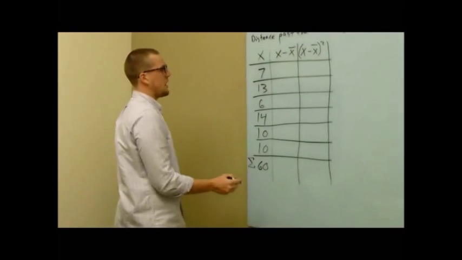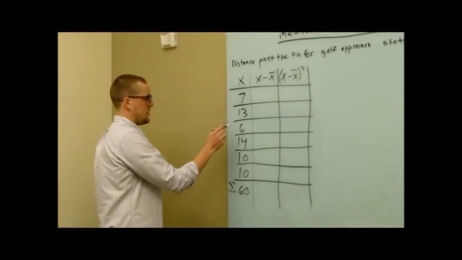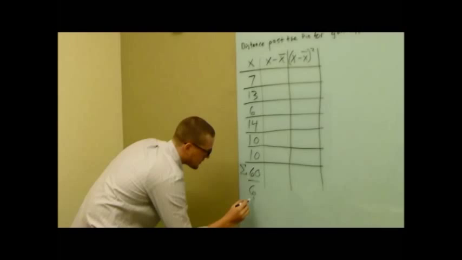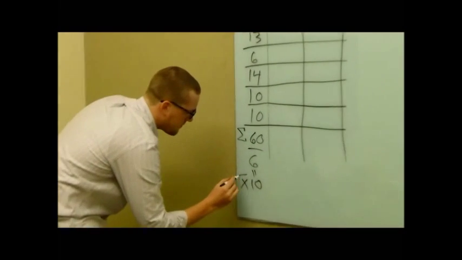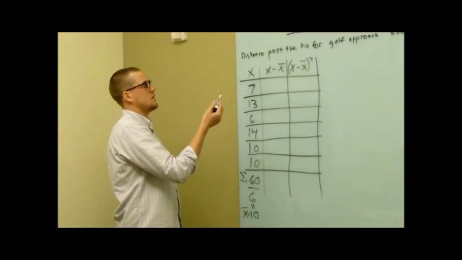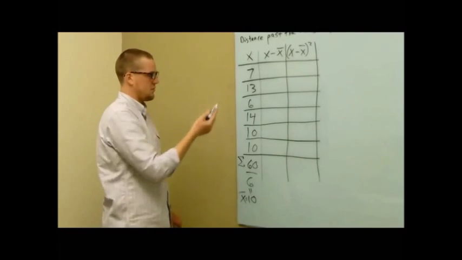And then we divide that by the number of data points, 1, 2, 3, 4, 5, 6. Divided by 6 gives us 10 for our average. So the average distance of shots from the pin will be 10 from this group of data.